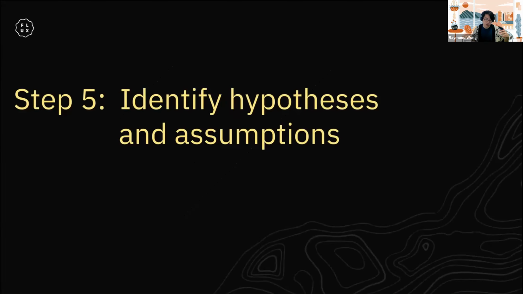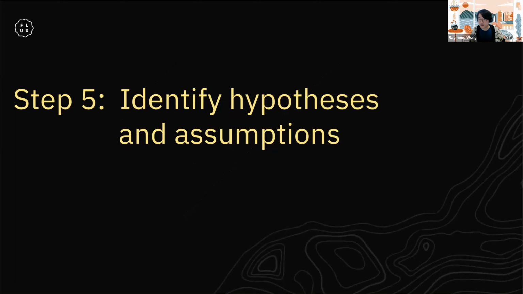And with those questions defined, you're going to want to start identifying hypotheses and assumptions. I'm not sure how many of you are familiar with the scientific process. The scientific process is essentially a set of rigorous methods used in understanding specific problems.